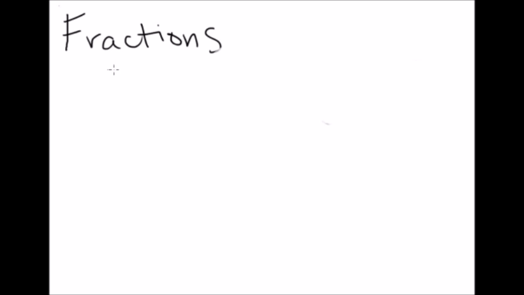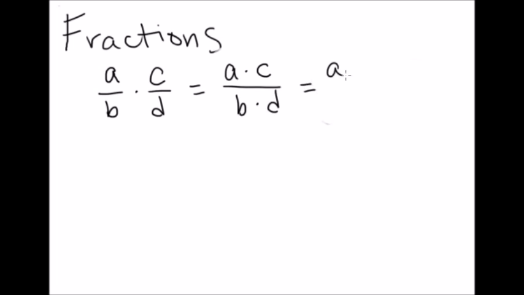We've already seen it a little bit, but I think it's worthwhile to mention that multiplication of fractions is actually a lot easier than division or than addition and subtraction. You do not need to force the denominators to be equal. Instead, you simply multiply the numerators and multiply the denominators, and you're done.